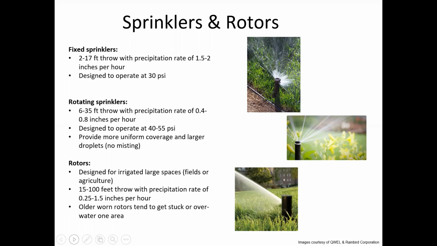If I ever go out and do an audit and see some rotors on someone's landscaping, I typically advise them to remove them and replace them with high efficiency nozzles so that they can accurately irrigate the area that they're going to be irrigating, as opposed to hitting a fence or irrigating some unnecessary sidewalk.